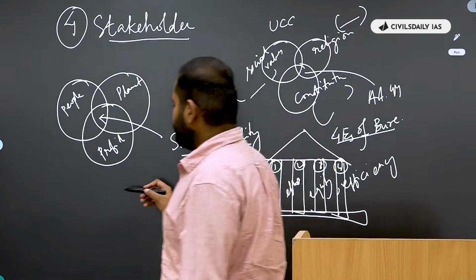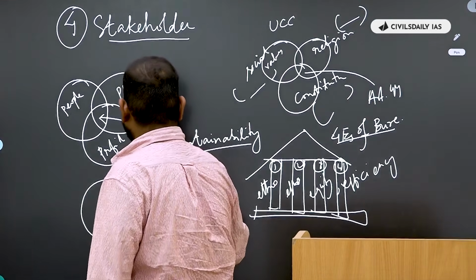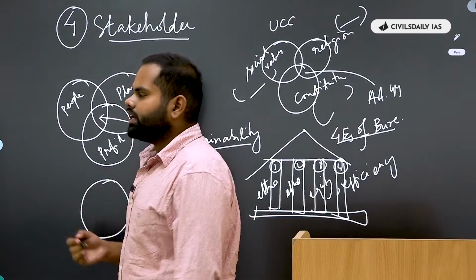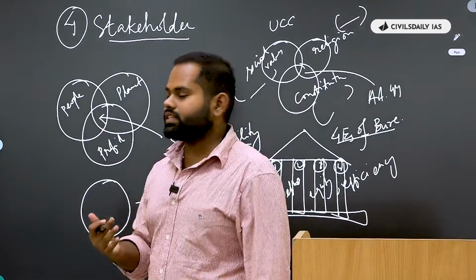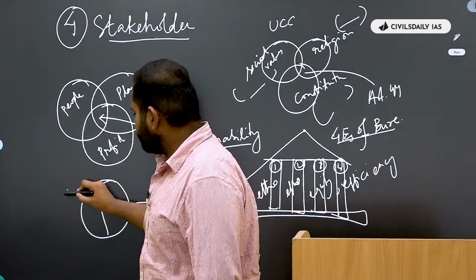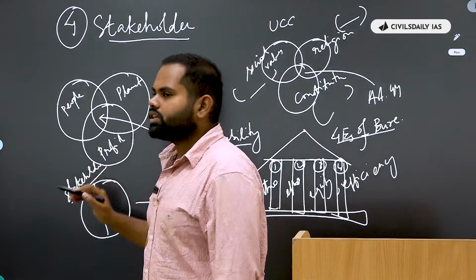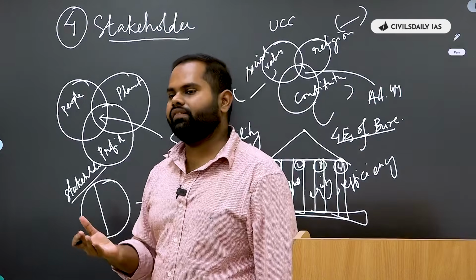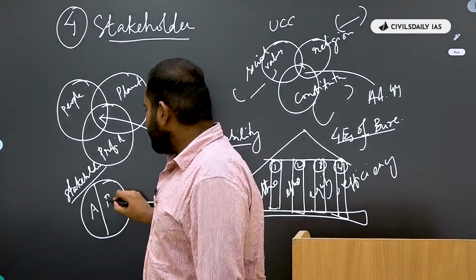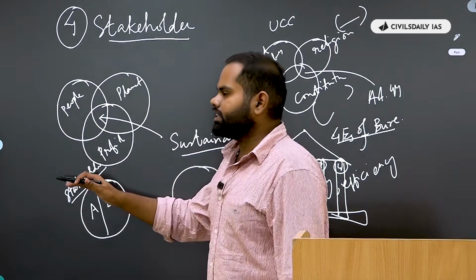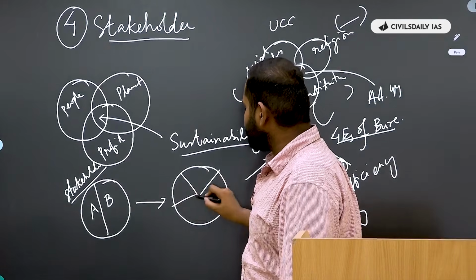Another way to show stakeholders could be like this: a transformational stakeholder diagram. For example, when you are giving case studies and there is a debate, a lot of focus is given to, let's say, only 2 parties. Say there is a decision that a DM has to take, whether to favor party A or party B. But you tell that it's not enough to take only stakeholders A and B into consideration, you'll have to enlarge the stakeholders.